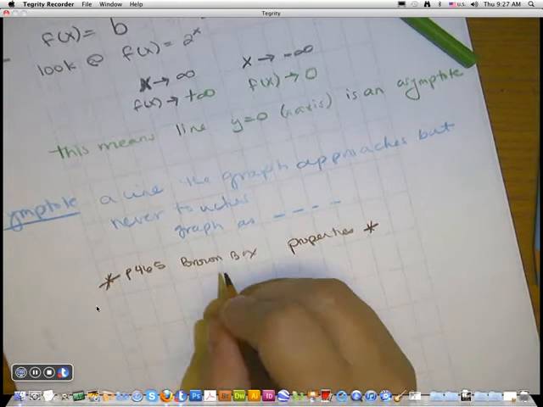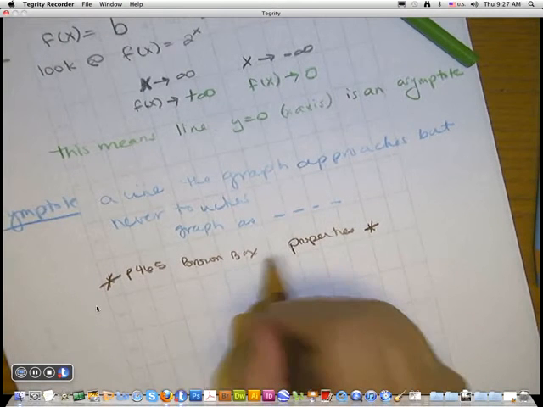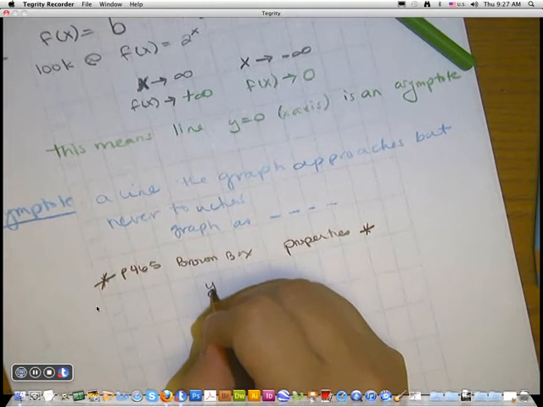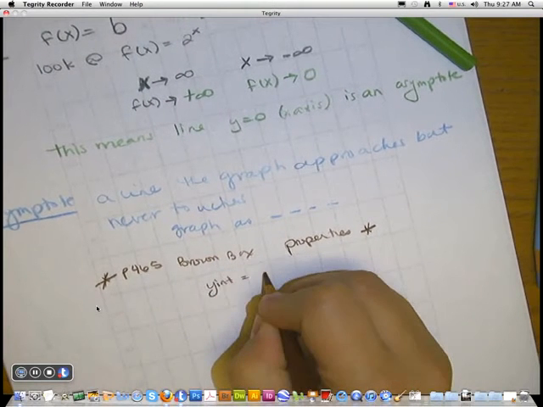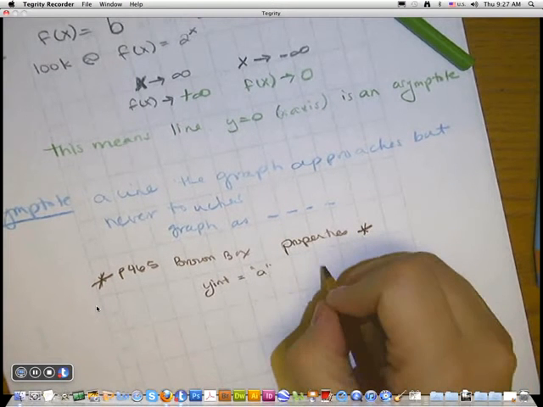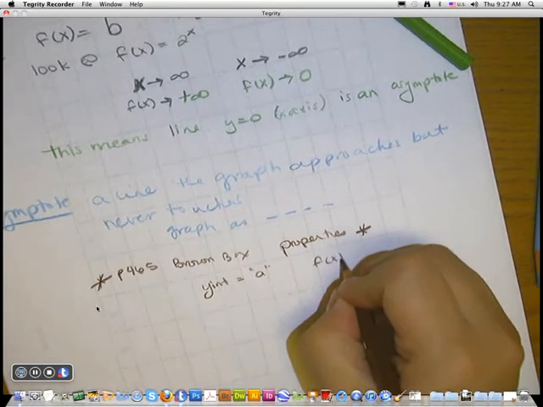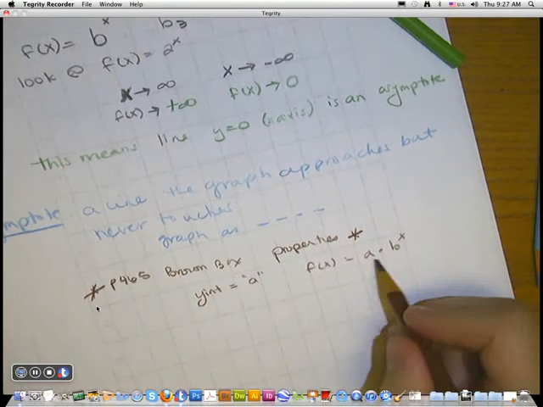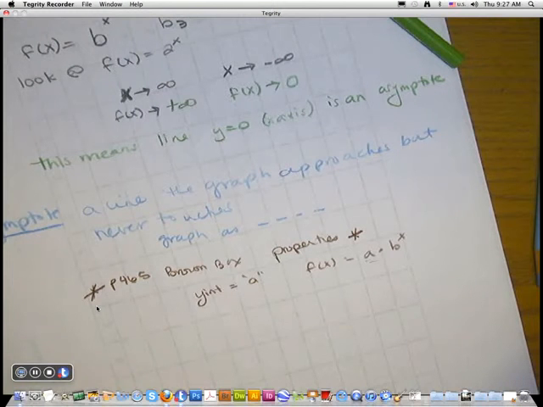Anytime we have our equation, the y-intercept is going to be the a, and that comes from the equation a times b to the x. This a is going to determine what the y-intercept is.